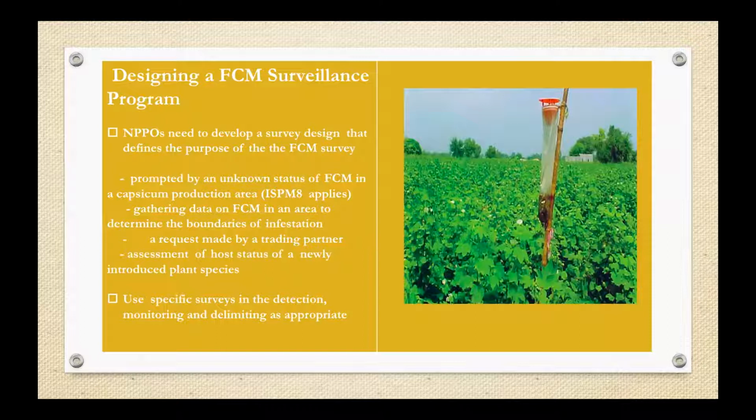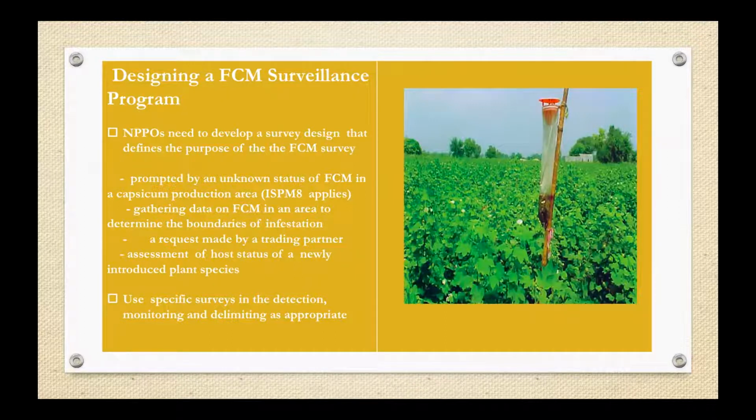So how do you design an FCM surveillance program? At the level of the NPPO, you need to develop a survey design that defines the purpose of the FCM survey. And this design could be motivated, for example, by the status of FCM being unknown in a capsicum production area. Therefore, you harness the provisions of ISPM 8 and establish the status.